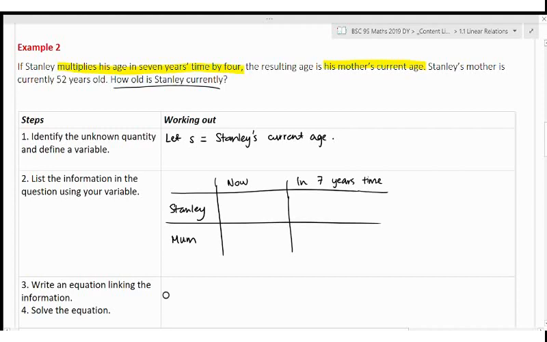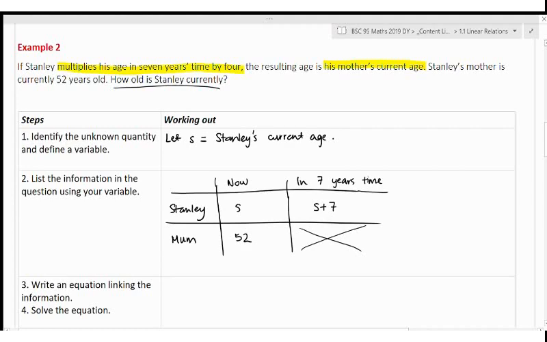Stanley is now S years old, right? In 7 years' time, he's going to be S plus 7 years old, right? Add 7 to his age. Stanley's mum is currently 52 years old. In 7 years' time, we don't need this, okay?